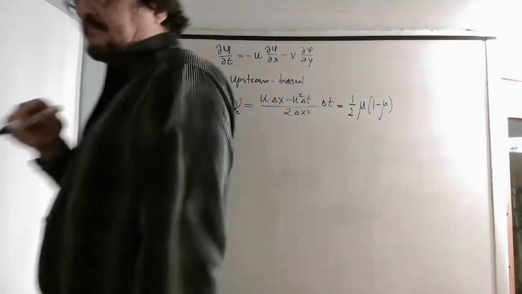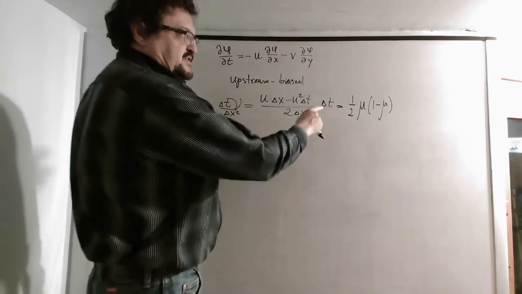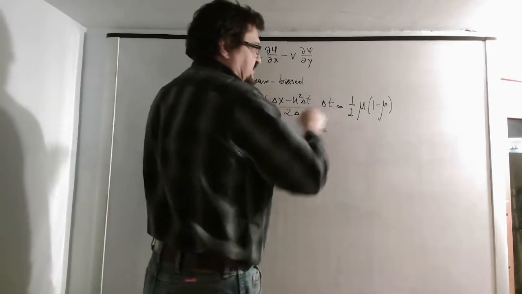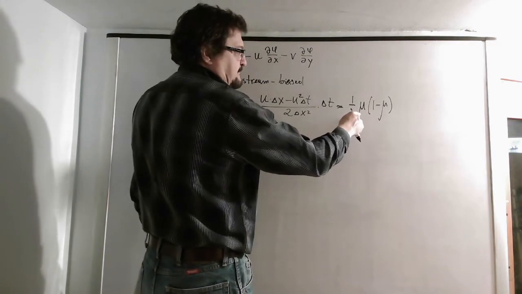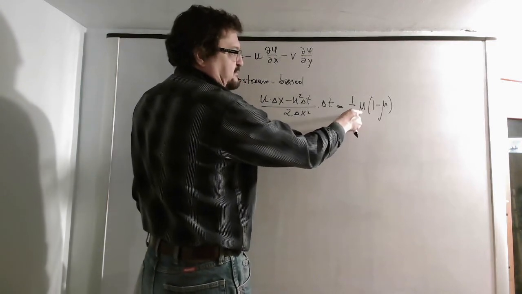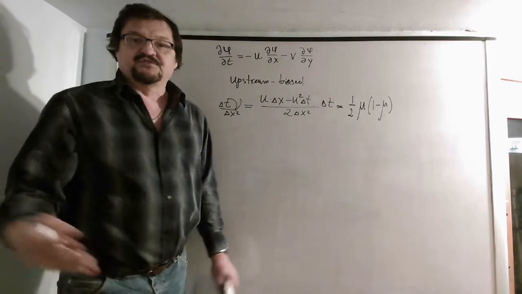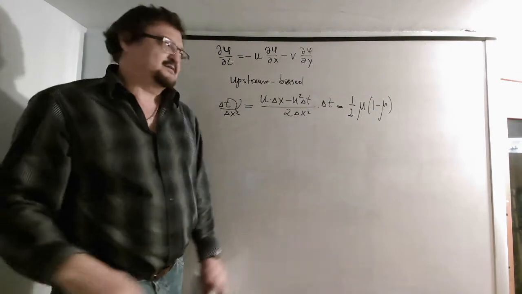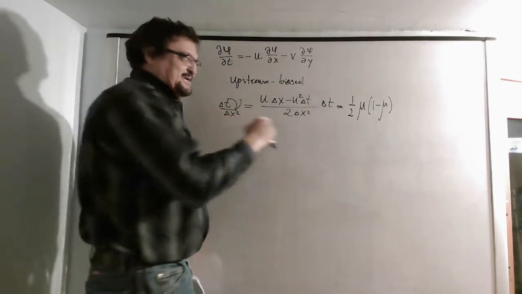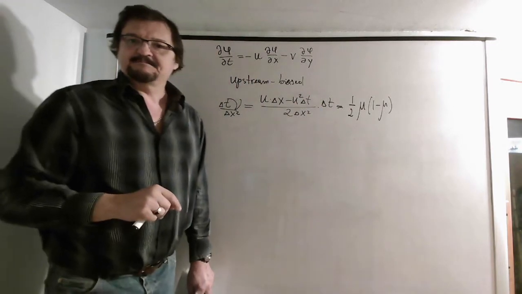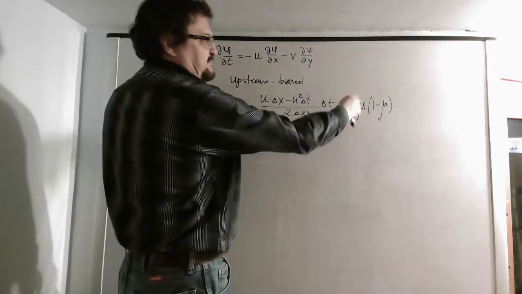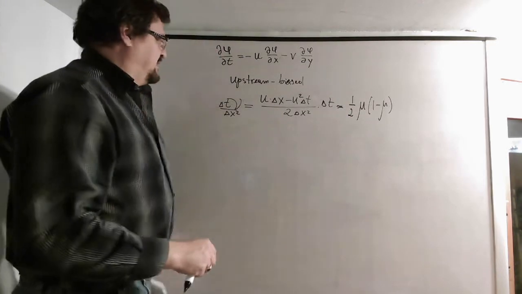So from that we see that this implicit diffusion is minimum when mu equal to 0, which means that there is no wind. There is no diffusion then too. And then when mu equal to 1, in that case, it disappears too.